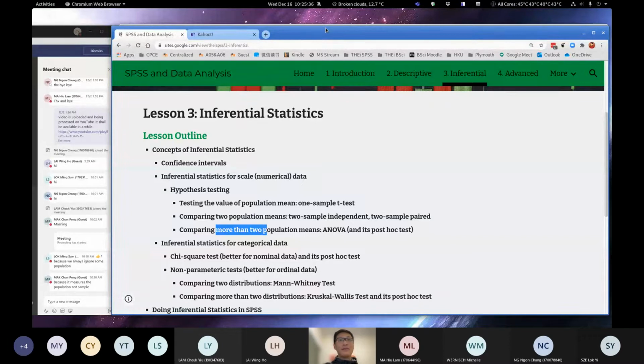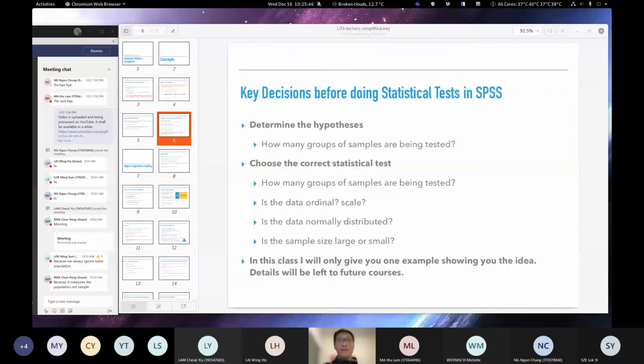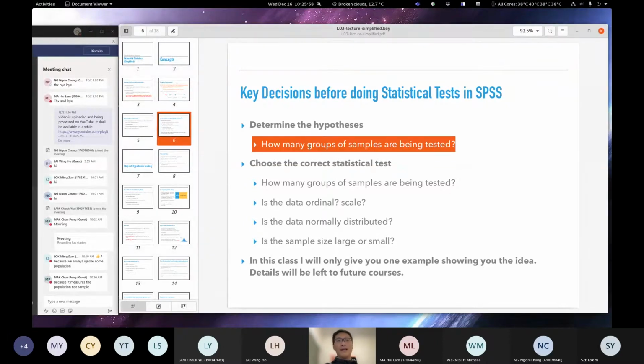It seems that we do it in different ways depending on how many groups of data we have. So this is what I mean by how many groups of samples are being tested. Later I will give you some examples to make it clear to you. But for the moment, just try to recognize that the hypothesis depends on how many groups of samples are being tested. And then we choose the correct test to do.